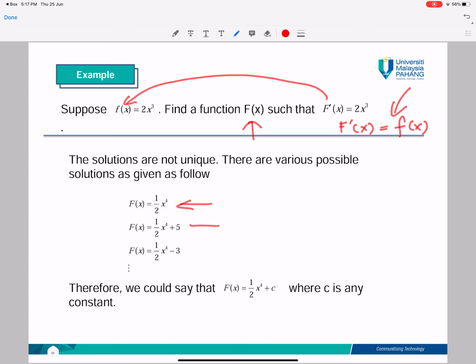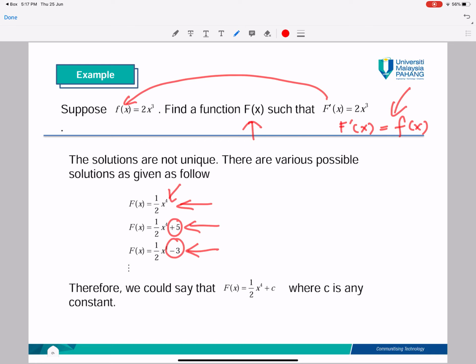We can also say that capital F(x) is equal to 1 over 2 x power of 4 plus 5. Or we can also say that capital F(x) is equal to 1 over 2 x power of 4 minus 3. For this one we have plus 0, for the second one plus 5, and for the third one minus 3.